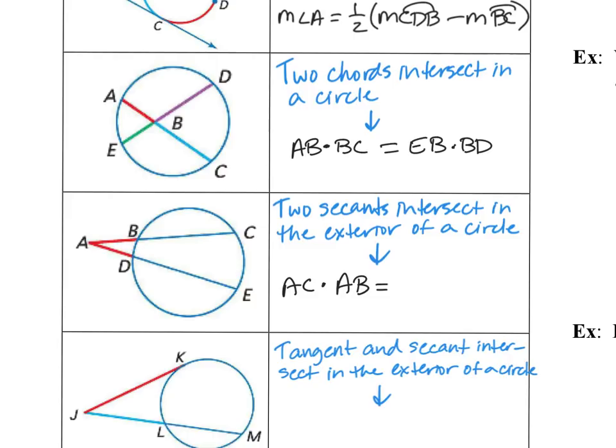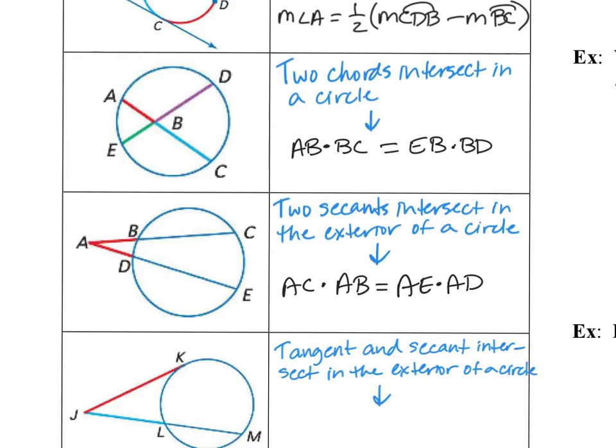That's going to be equal to the product of the measure of the other entire secant times the measure of the exterior part of that secant. So in other words, all of secant AE, its measure, would be equal to, we're going to multiply that by the measure of the piece of the segment that's in the exterior of the circle, AD.